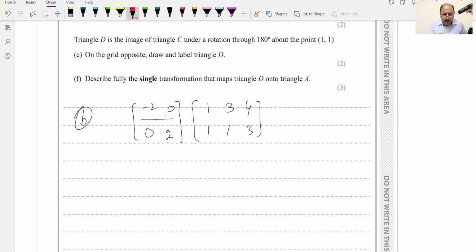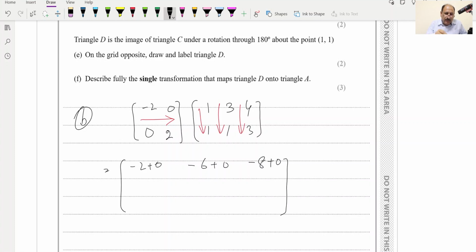For multiplication, first row first column, we will get this one: minus 2 into 1 will be minus 2, 0 into 1 will be 0, so plus 0. And first row second column will be minus 2 into 3 will be minus 6 and plus 0. Then first row and third column will be minus 2 into 4 will be minus 8 plus 0.